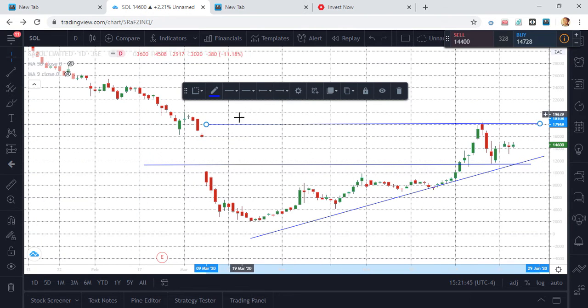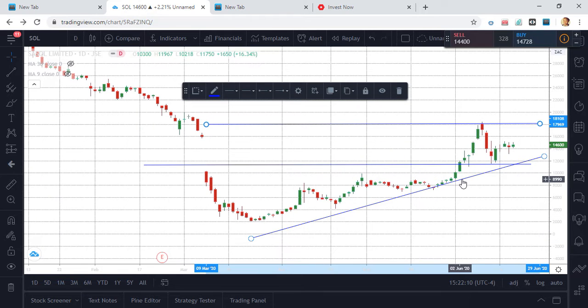So when we observe Sasol, it was moving down because of what was happening before Corona, and then when Corona hit, you can see we have a big gap moving to the downside.